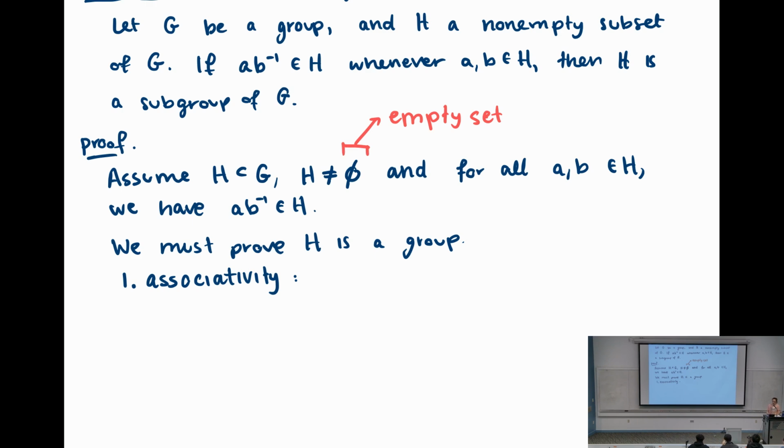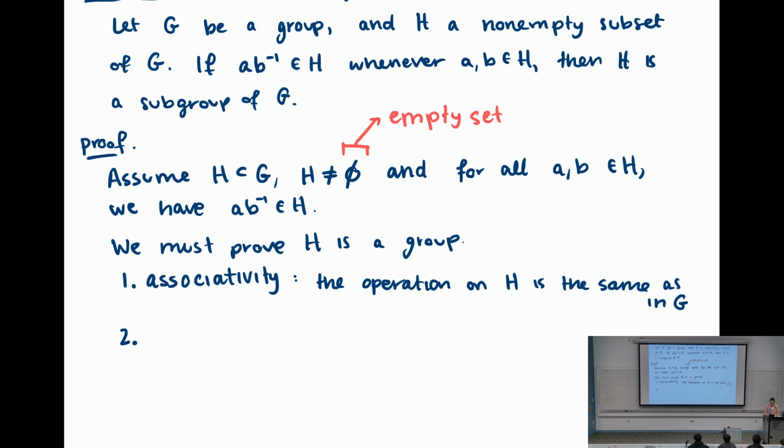H just got its multiplication operation from the larger group G, and we know that the operation in G is associative, and so that will also hold in H. The operation on H is the same as in G, so we will have associativity.